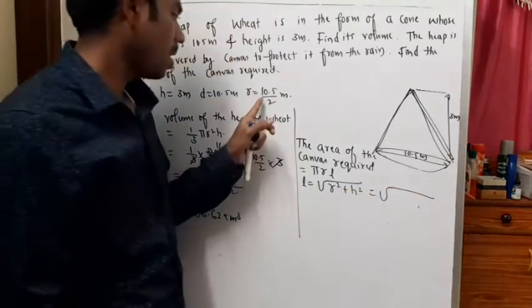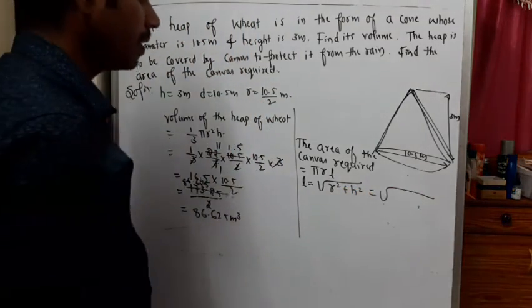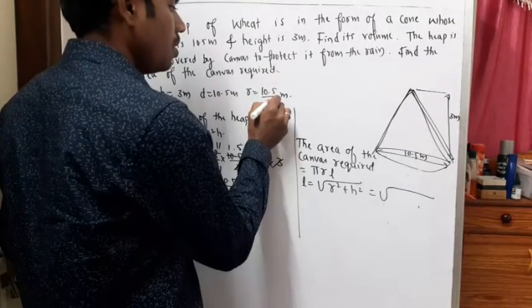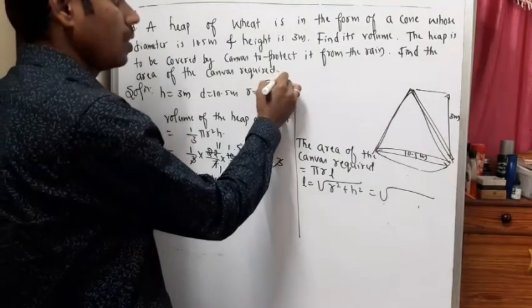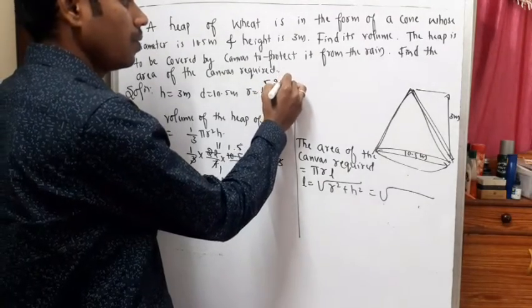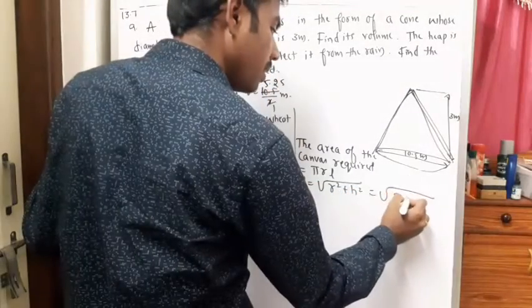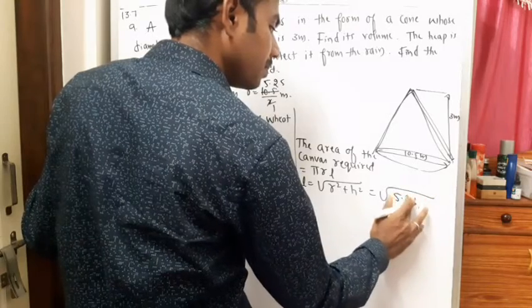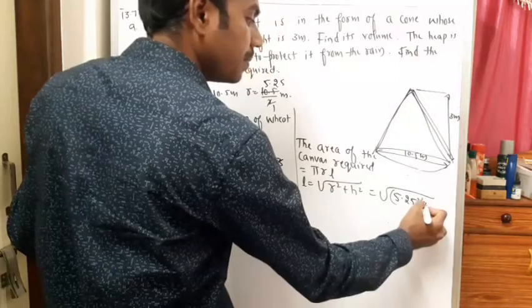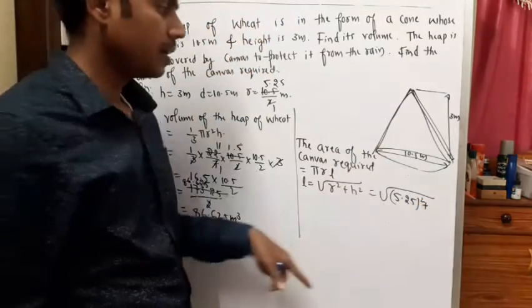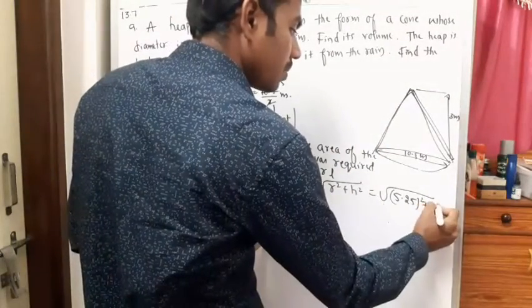What is r? R is nothing but 10.5 divided by 2, which is 5.25, whole square. What is h? H is nothing but 3 square.